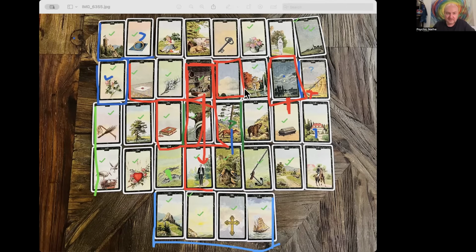Moving to the cloud, which we're in position 8, 9, 10, 11, 12, 13. And that's in the position of the child, nothing specific. The garden is in the house of the fox, which just right there. The moon is in the position of the bear.